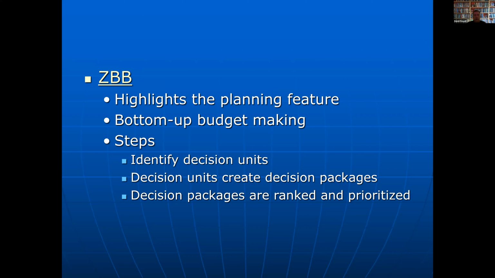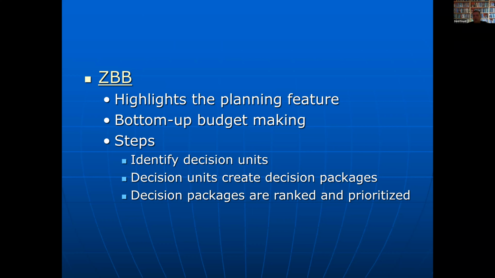So you look at your organizational structure and you ask the question, what is the lowest level in this organization chart where budget decisions can be made? Once you identify that lowest level where budget decisions can be made, you identify those as being what you call your decision units. So a decision unit is the lowest level where budget decisions are made. Each one of those decision units, and you'll have multiple decision units within your organization.